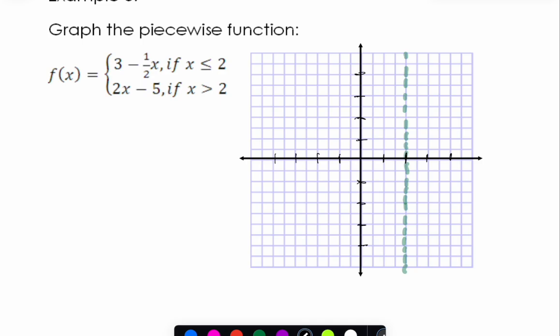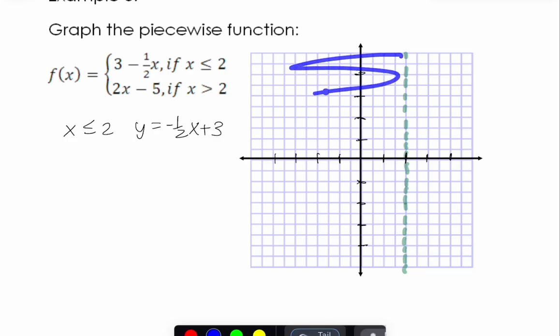Now our top equation, when x is less than or equal to 2, we're going to use the equation y equals -1/2 x plus 3. Now you'll notice that I rearranged it to put it into slope-intercept form. For me, then I can more quickly visualize the slope and the y-intercept. You don't have to, but it makes us less likely to make a mistake. This equation lives over here.